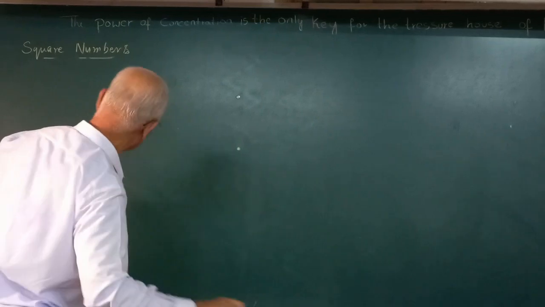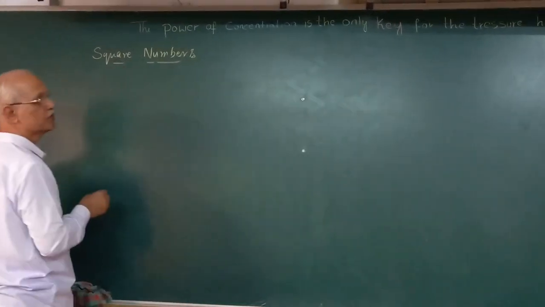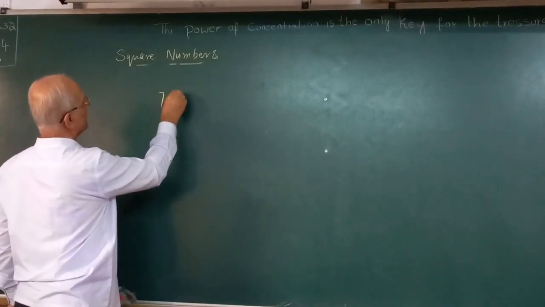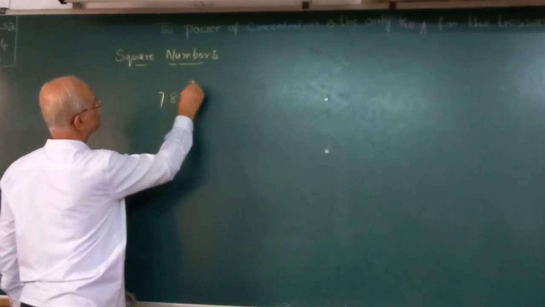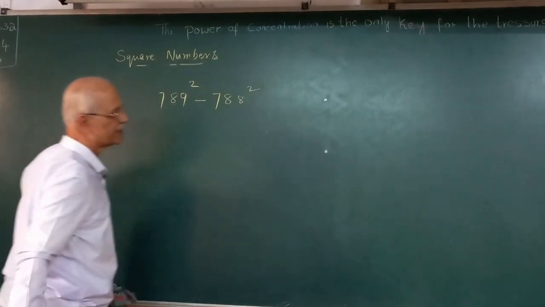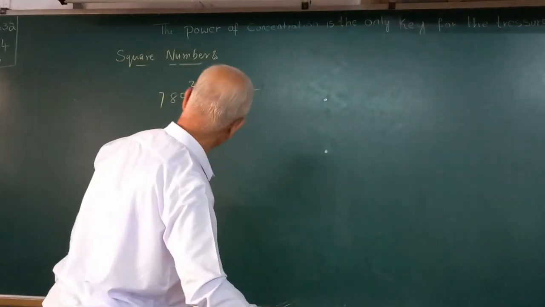Now, one simple example which you usually confuse with this. Say, for example, I take 789 squared minus 788 squared. If I ask this, what is the answer? What do you usually do? You square this and then subtract.